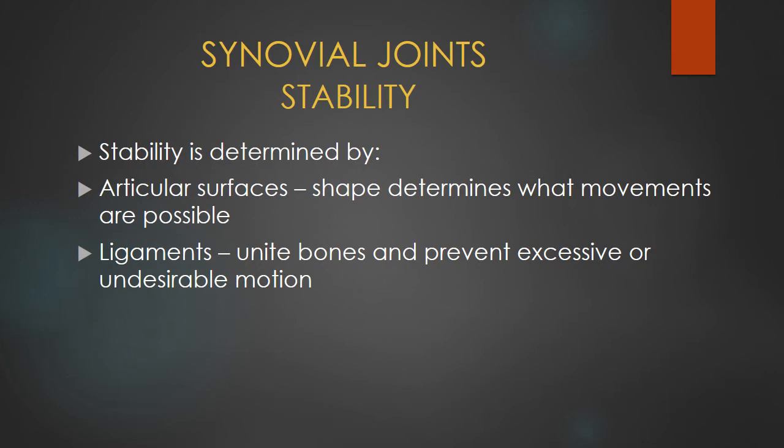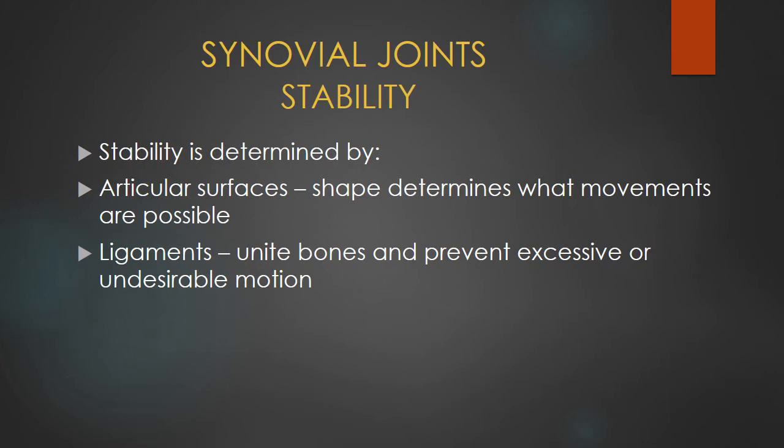Now, the number two factor that contributes to joint stability are the ligaments that span the joint. As we said, we have both intracapsular ligaments and extracapsular ligaments. The purpose of ligaments is to unite bones and prevent excessive or undesirable motion. Ligaments can be injured, and ligaments can be involved in our rehabilitation prescription.